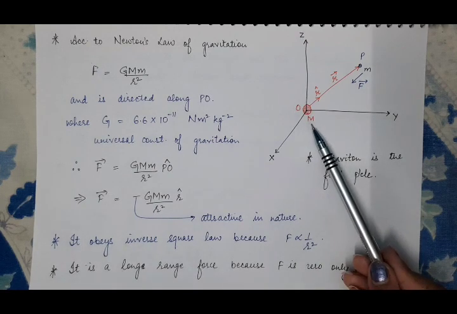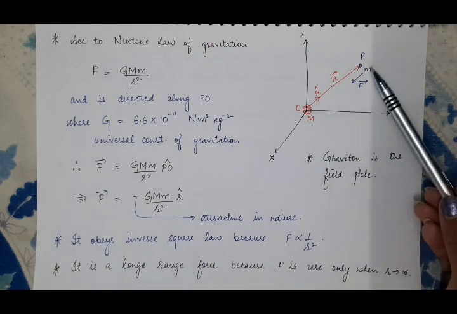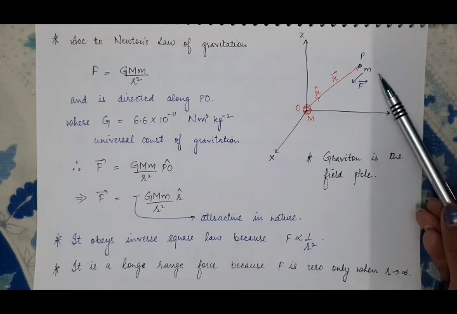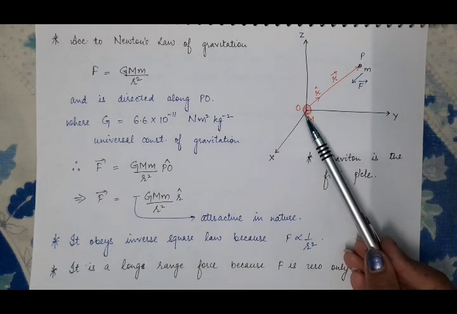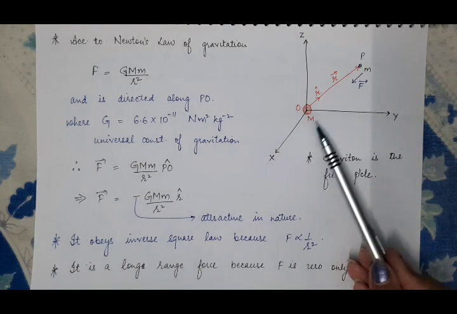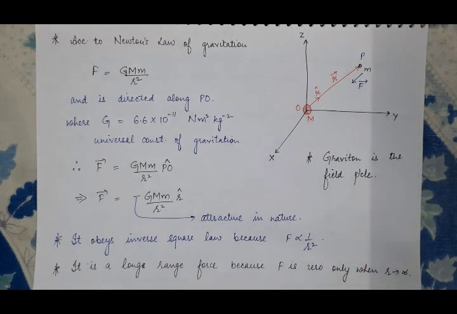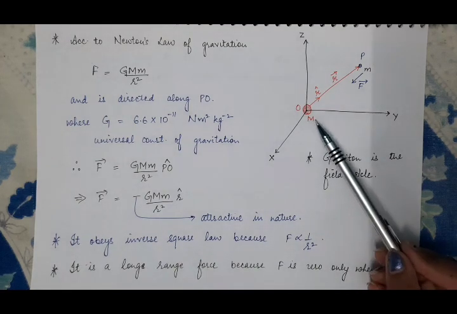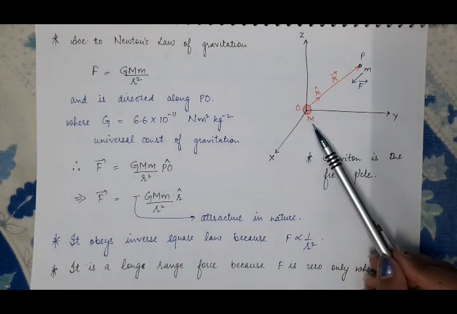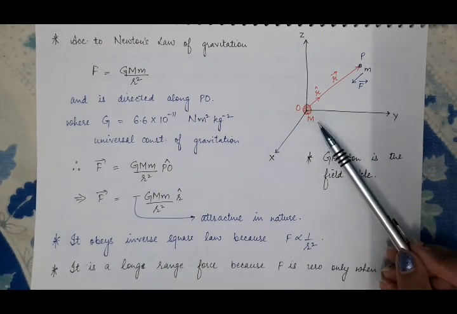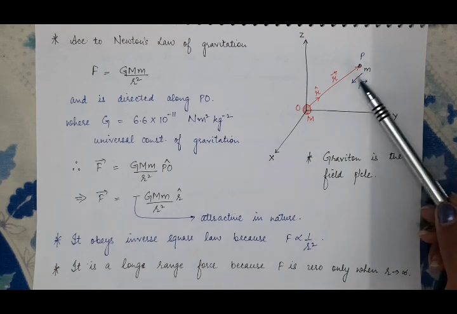One body is placed at origin O of the coordinate system and another body lies at point P. The mass of the body at point P is small m, and the mass of the body at point O is capital M. Both bodies exert gravitational force on each other, but because the mass of this body is larger, this body will attract the other body towards itself.